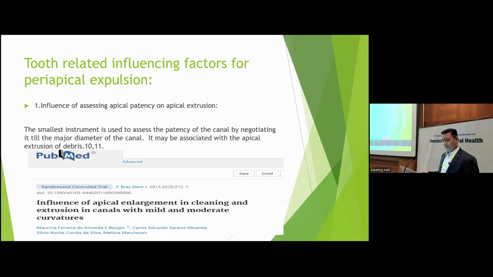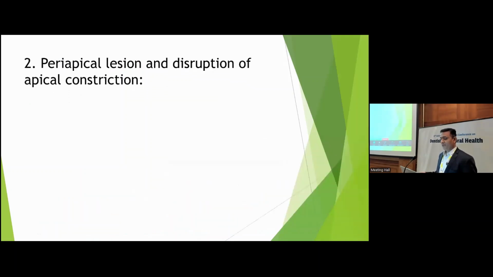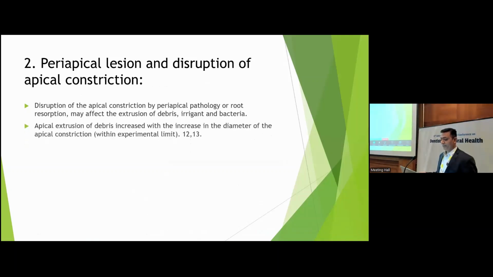This is reported by Borges and other authors, like Indian researchers. Periapical extrusion and disruption of the apical constriction: there is a disruption in the apical constriction because of pathology or root resorption, which also affects the extrusion of debris, irrigants, and bacteria.